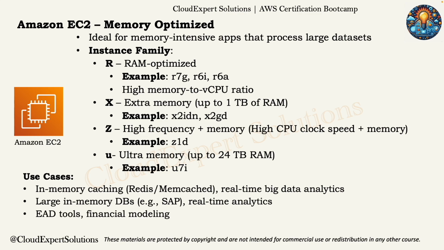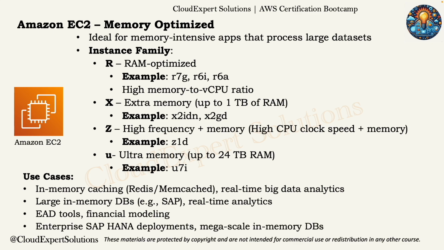If you are looking for EDA tools or financial modeling, when you need high frequency CPU plus memory, you can go for Z series. Or if you have a use case for enterprise SAP HANA deployment, or if you have on-premise SAP HANA workload that you want to migrate to AWS Cloud, or if you want mega scale in-memory databases, in that case you can use U series, or U series memory optimized database.